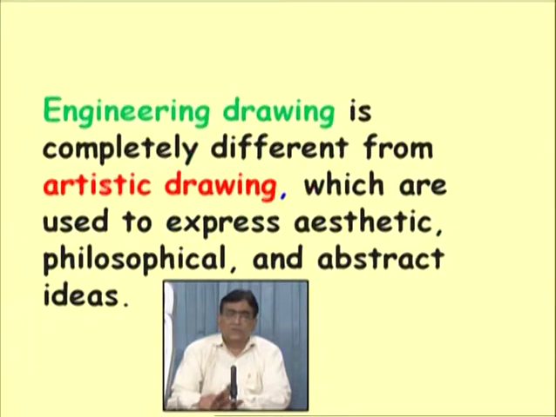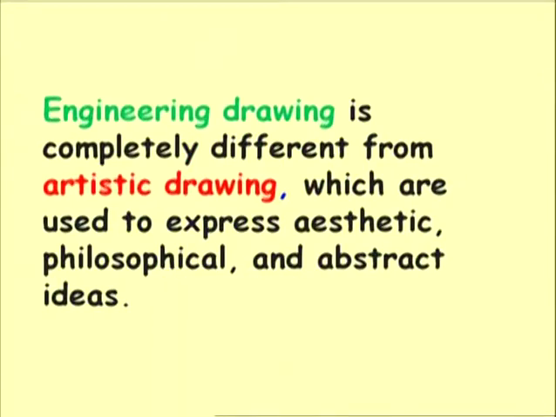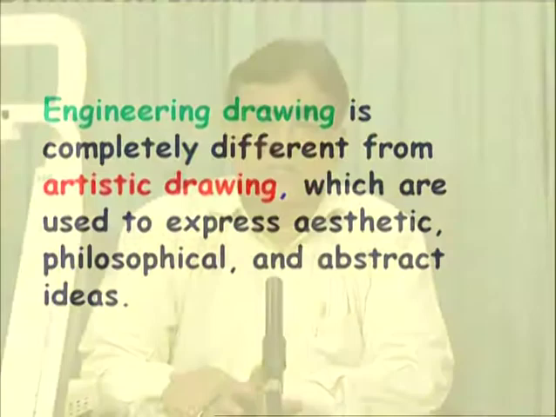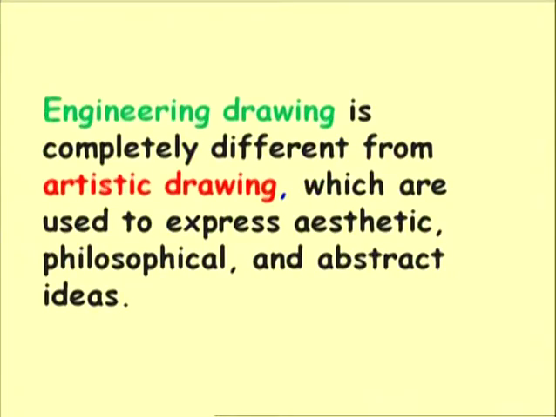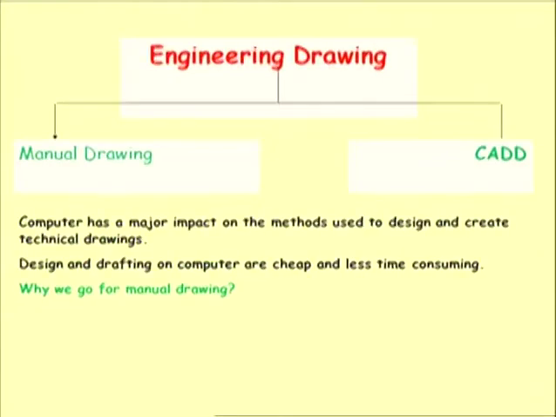They have got some philosophical object to convey a message to the viewers. But in engineering drawing we have to construct the structures. So our purpose is different. We are interested in the size, material, and the construction method also. So engineering drawing is totally different from artistic drawings.